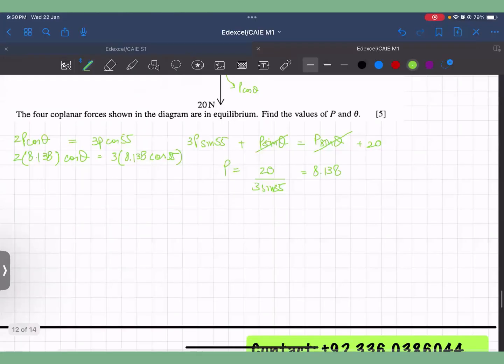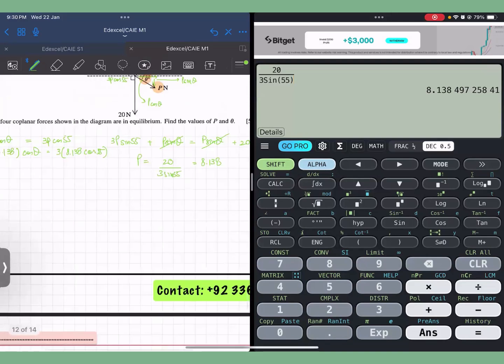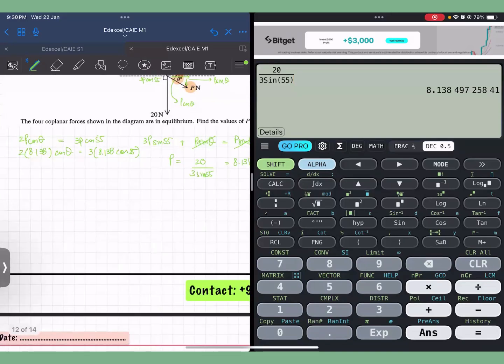So cos theta would be equal to 3 times this answer times cos 55 divided by 2 times this answer, which is equal to 0.86.